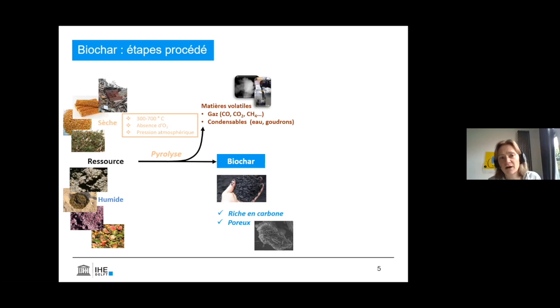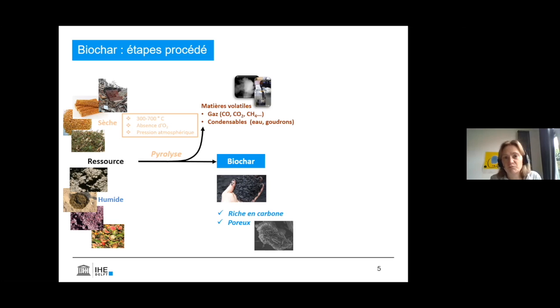In such conditions, there will be a release of volatile material, which includes gas, could be carbon monoxide, methane, the condensables, water or organic molecules, which we call the tar, and what is of interest to us, most of the product, we call the biochar. Biochar, as you can see, looks like carbon, coal. It's dark, it's a high carbon content, and it's porous.